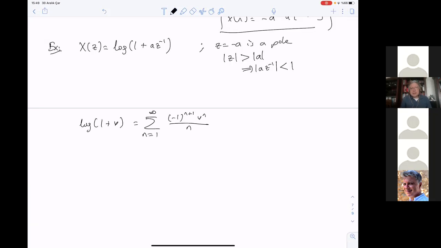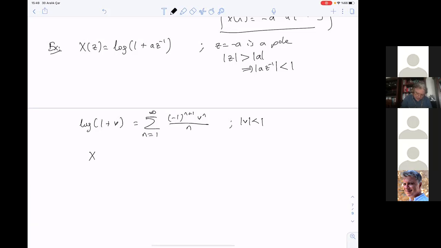This is the Taylor series expansion formula for logarithm of 1 plus v. And since v is equal to az inverse, you just need to put it that way.